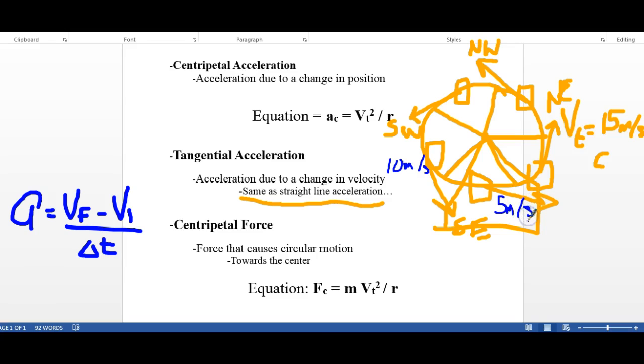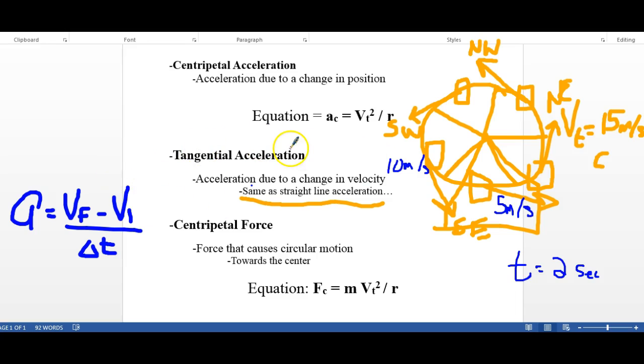If this took 2 seconds, we would just plug into this equation. 5 minus 10 is -5, divided by 2, is -2.5 meters per second squared. That'd be the tangential acceleration. This can be decelerating, like it would be here, and it'd be a negative number. It could be accelerating, going faster, and it'd be a positive number.